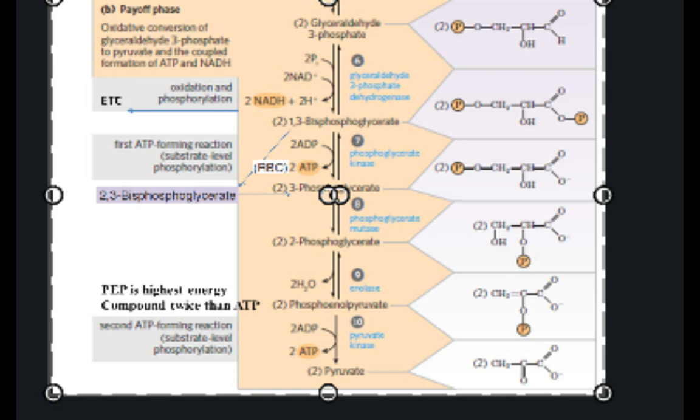So at the end of glycolysis, two three-carbon compounds, pyruvate, are synthesized, while 4 ATP and 2 NADH will be synthesized.